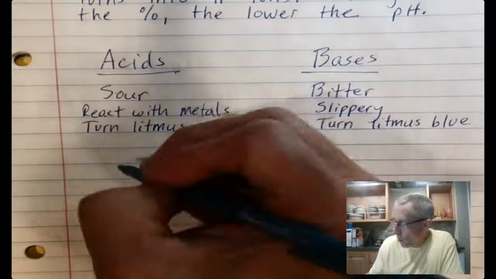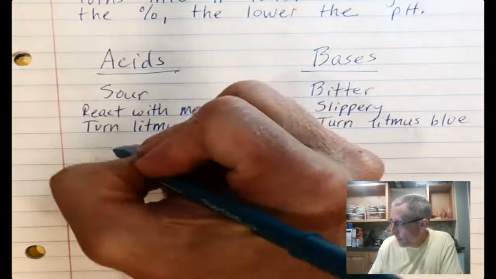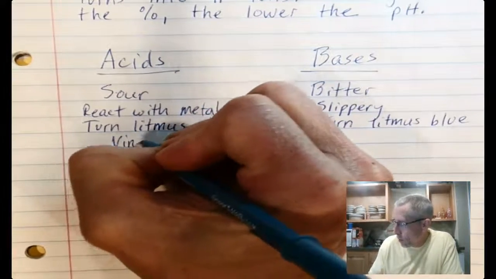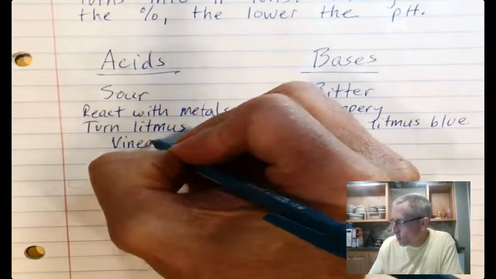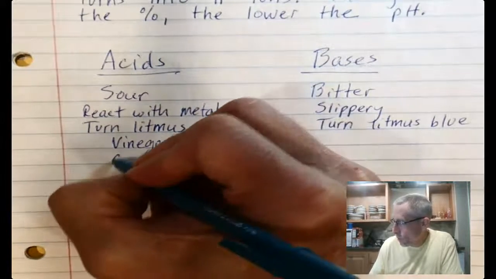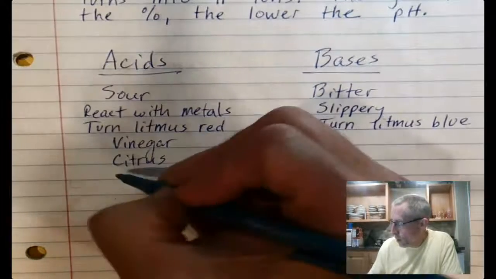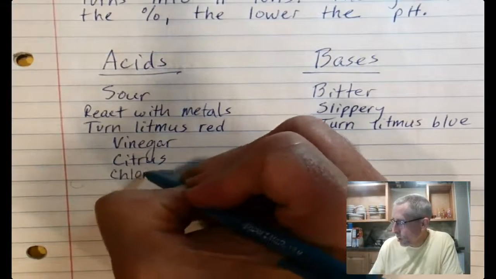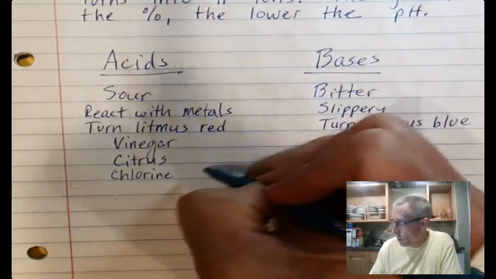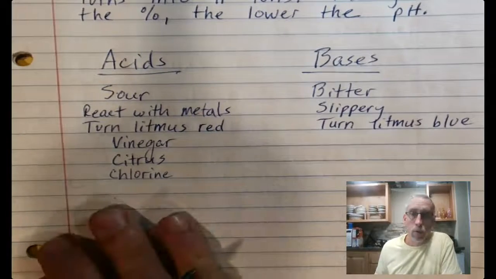Let me show you a couple examples of acids. This doesn't really fall into a description, but vinegar, any citrus, the chlorine that they put in water, like swimming pools.